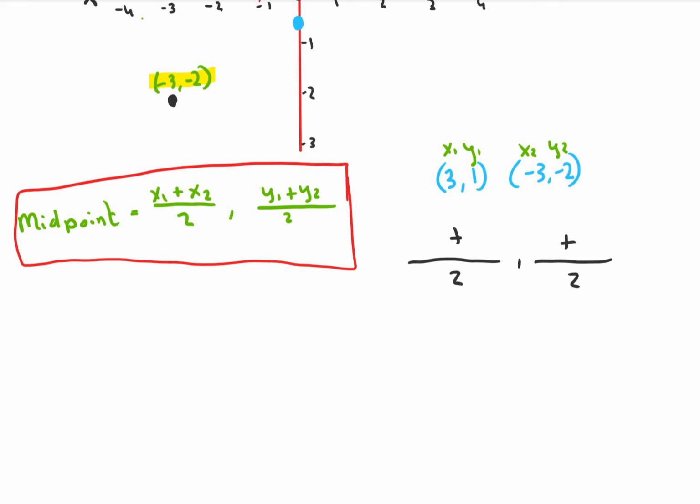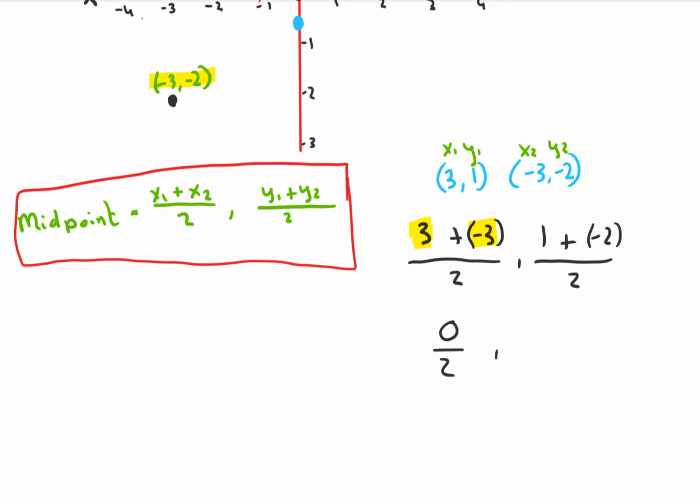Okay, let's start again. So x1 is 3 and x2 is minus 3. And y1 is 1. Okay, I put in 3 there, I shouldn't have. And y2 is minus 2. So 3 and minus 3 is 0.